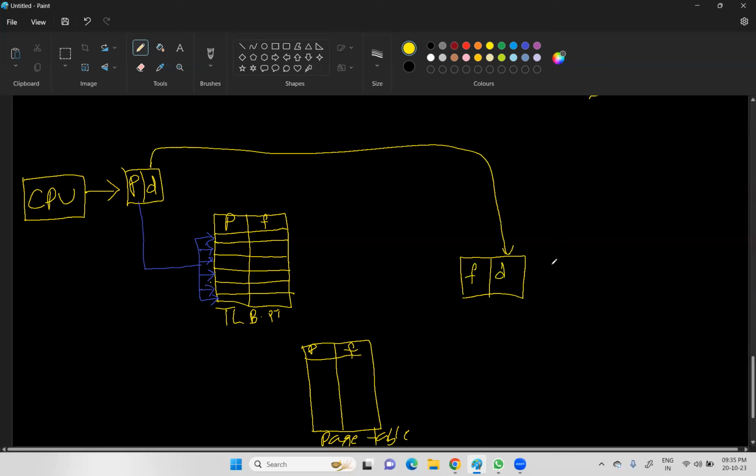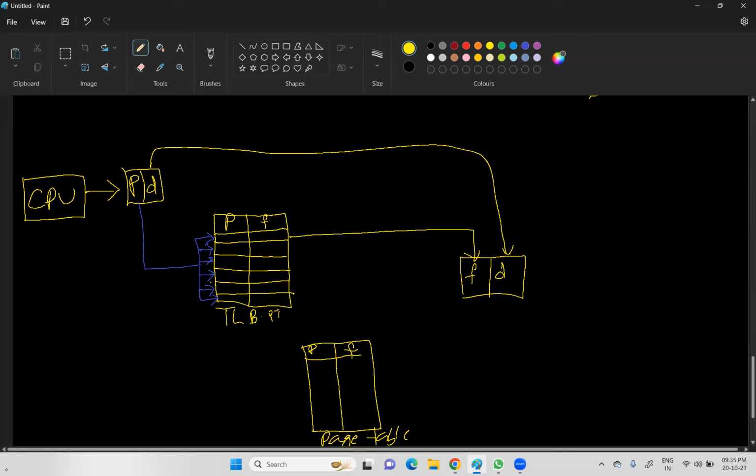But instead of specifying this thing, it can be taken from TLB. For example, TLB size will be very limited, because cache memory size will be very limited when compared to random access memory.